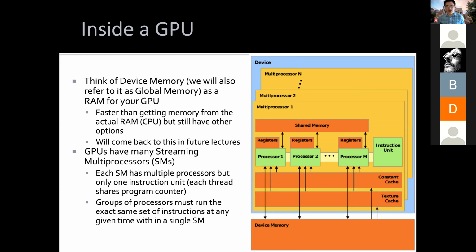For example, the V100 GPU has about 1 terabyte per second of memory bandwidth. That means if you move the data from global memory to the CUDA core, it could have a very high throughput. But even if the GPU global memory has a very high throughput, it doesn't mean we don't need to optimize anything, right? It doesn't mean you just put the data in the device memory and use it.